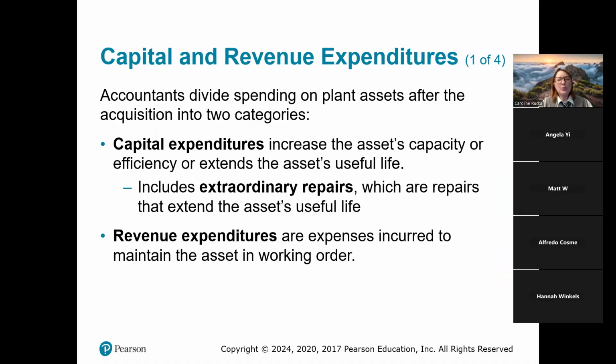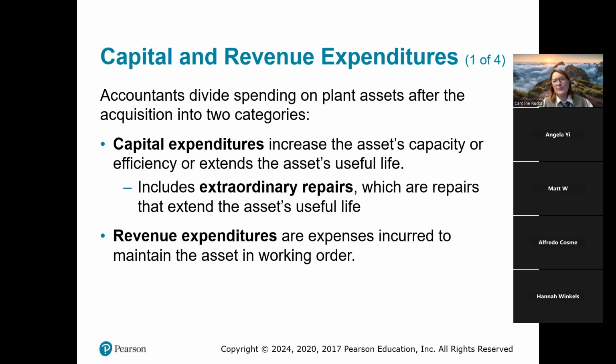So capital and revenue expenditures. We're going to divide our spending on plant assets after the acquisition into 2 categories. Okay. We have capital expenditures. That's money that we put into that asset to increase its efficiency or extend its useful life.